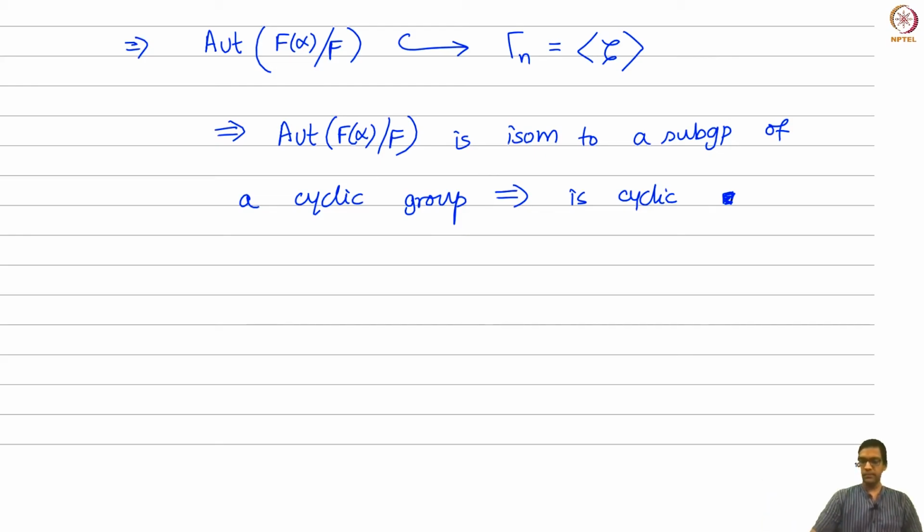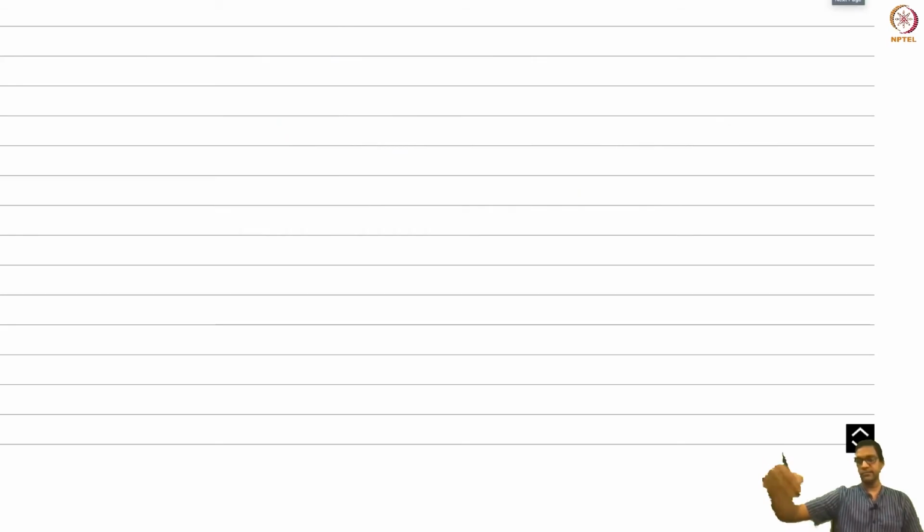And now the key thing about a tower of extensions, or about expressing numbers in terms of radicals.